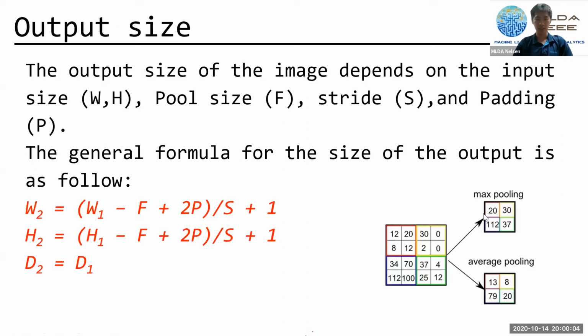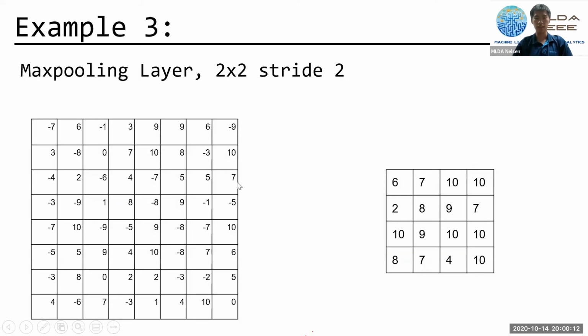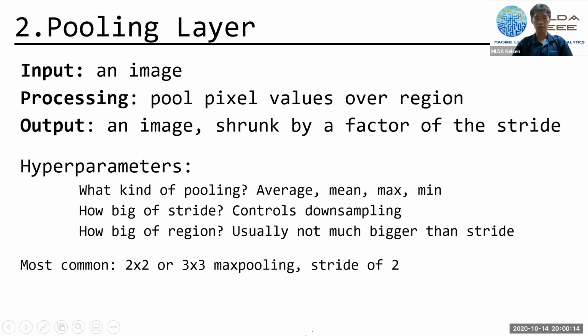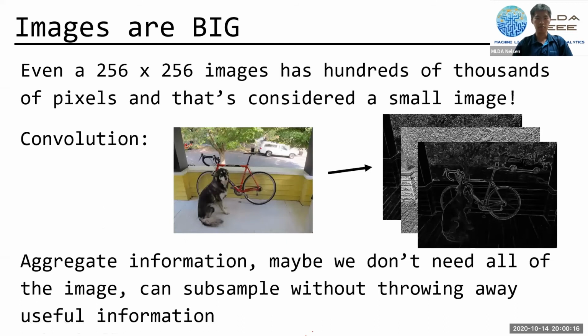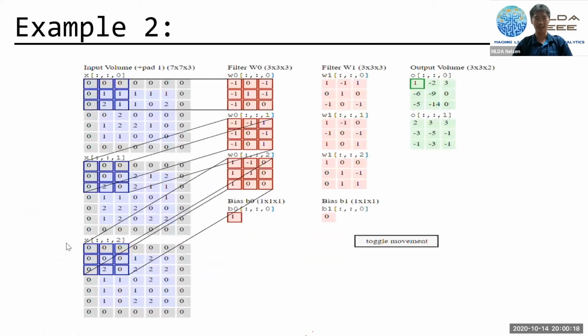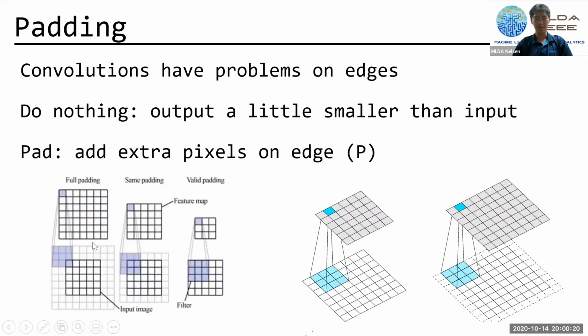For full padding, does it mean the file size increases? Yeah, with full padding the size increases. Usually for full padding you add a lot, like the number of p. When you put it into the formula, you get a bigger one, because you put in the amount of p in such a way that the output will be much higher than the previous size.